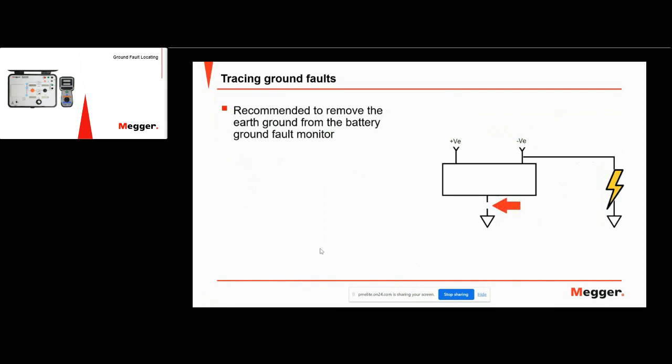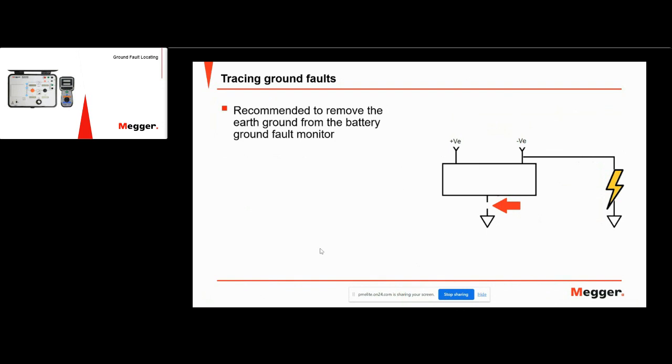This is why best practice, before you even start tracing a ground fault, is to remove the ground from the ground fault monitor if possible. This is not always possible to do, and there are different ways to do it. Some methods require removing a wire.